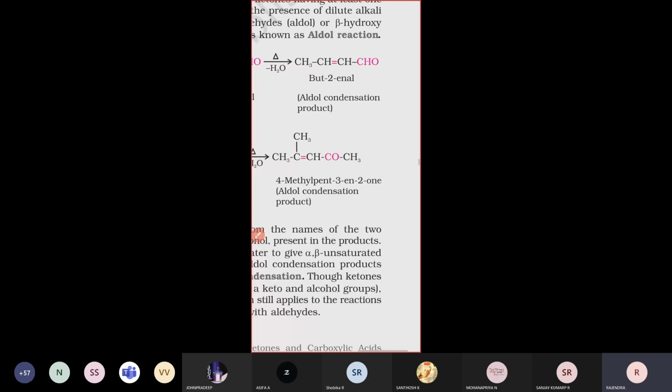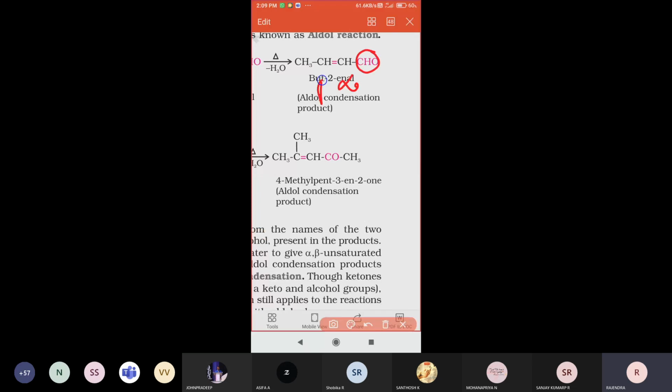Alpha is the carbon atom adjacent to the functional group, and the carbon adjacent to that is the beta carbon. Here the functional group is C double bond O; alpha stands for this carbon and beta stands for this one. So we get alpha beta unsaturated compounds, right?